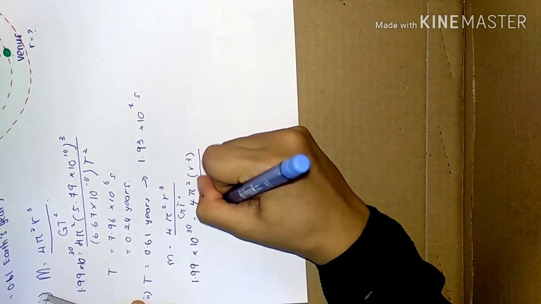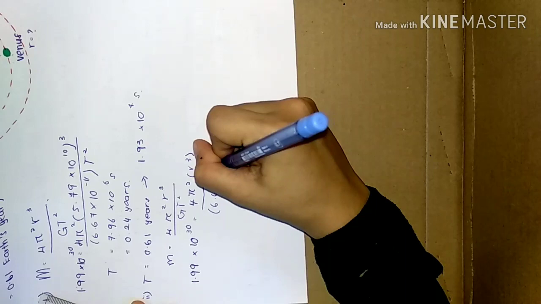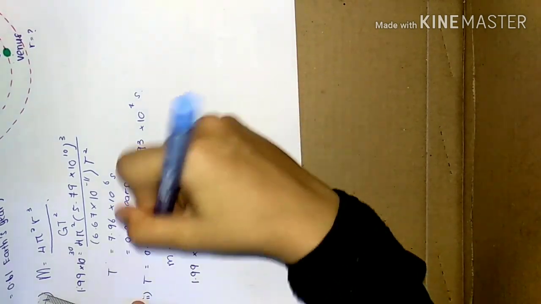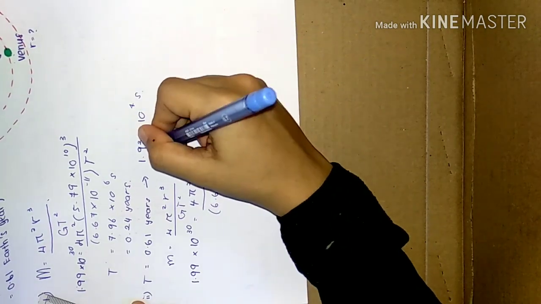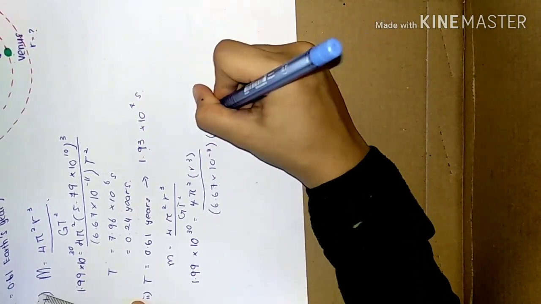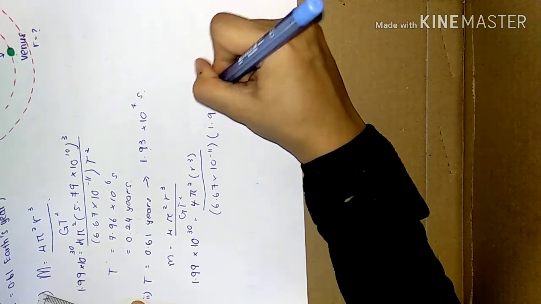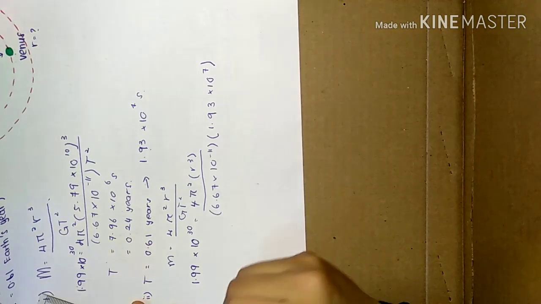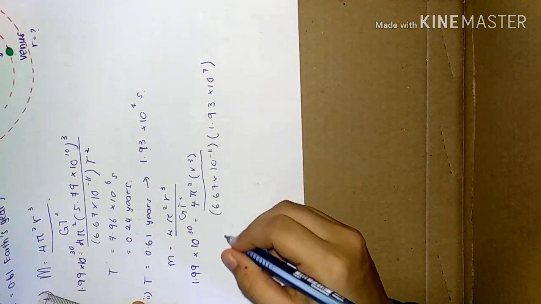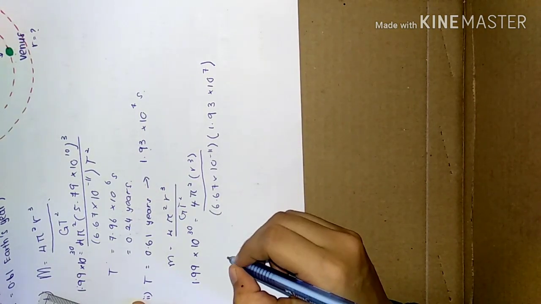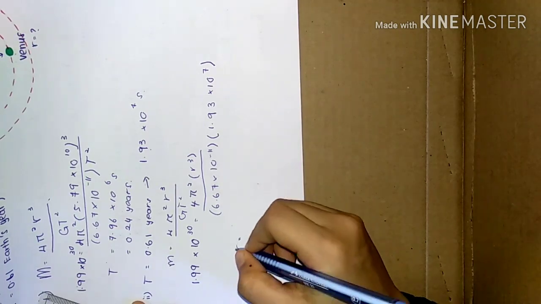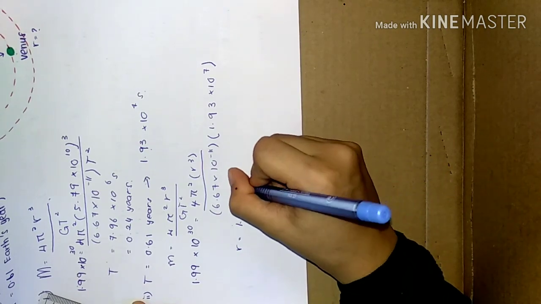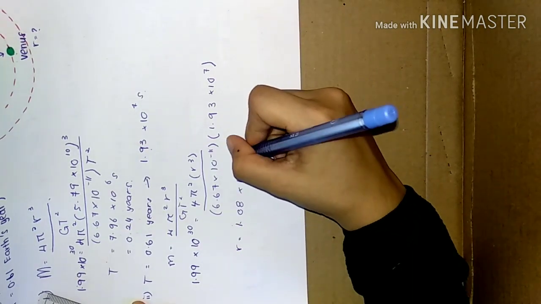For G, we have 6.67 times 10 to the power of negative 11, and T has been changed to seconds, 1.93 to the power of 7. We calculate, and the radius that we will get is 1.08 times 10 to the power of 11 meters.